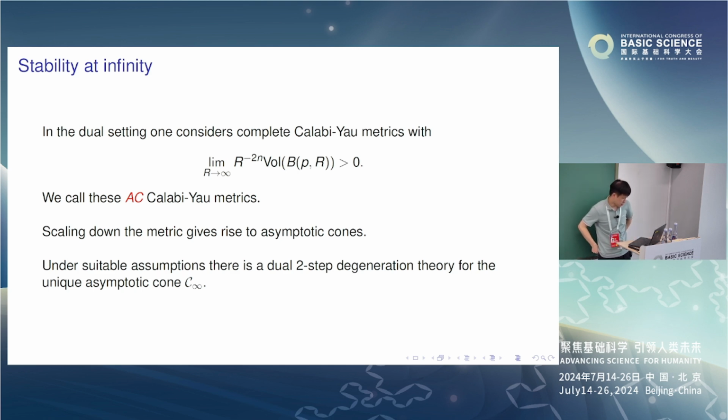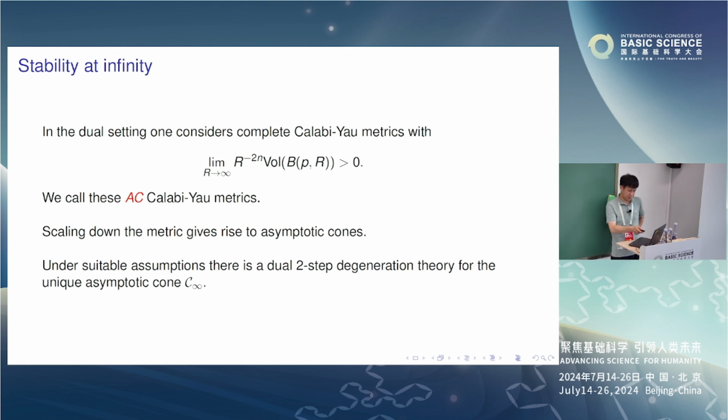And then one can also study stability at infinity. So you can consider a complete Calabi-Yau manifold, a non-compact Calabi-Yau manifold with Euclidean volume growth. We call this AC, asymptotically conical Calabi-Yau manifold. So this is dual to the local setting. You can scale down the metric and you get asymptotic cones.